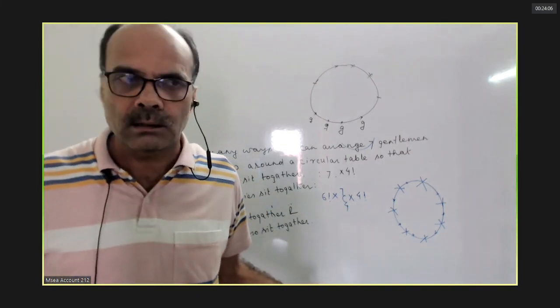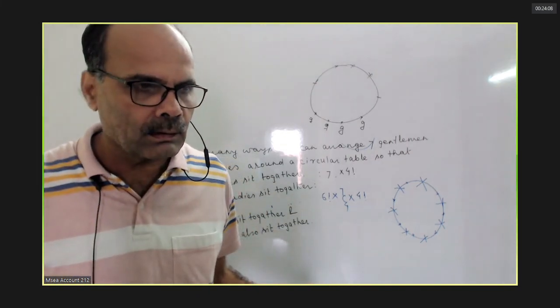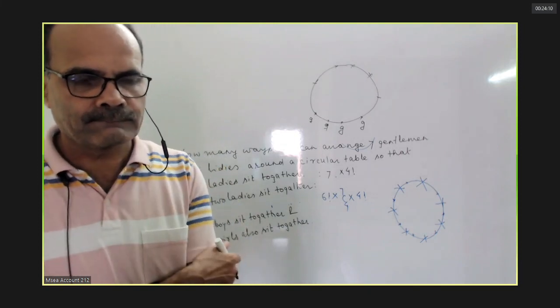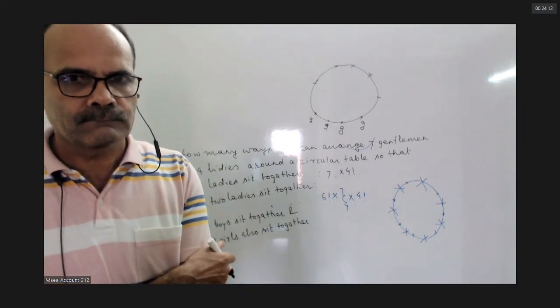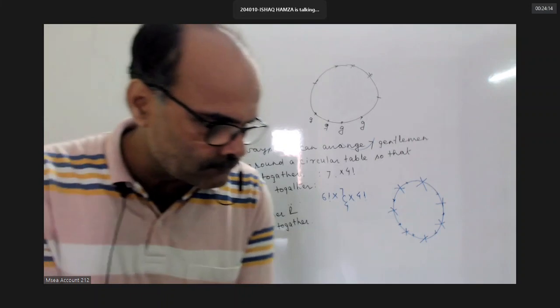What will be the answer? 7 factorial into 4 factorial.